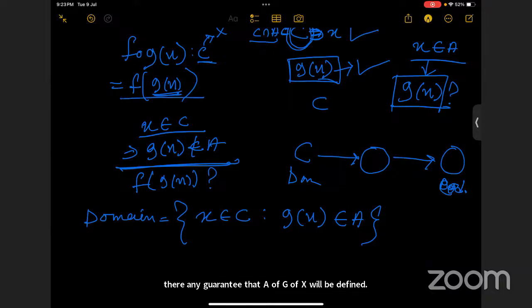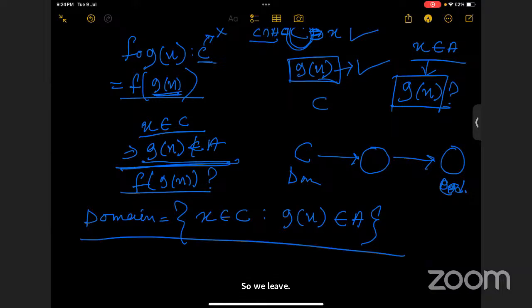We need the whole function to be defined, right? Yes, ma'am. So if g of x is not in the set A, then there is no guarantee that f of g of x is defined, right? Yes, ma'am. So we need this condition for the domain, that x belongs to C such that g of x belongs to A, right?